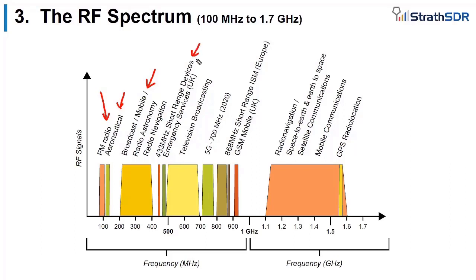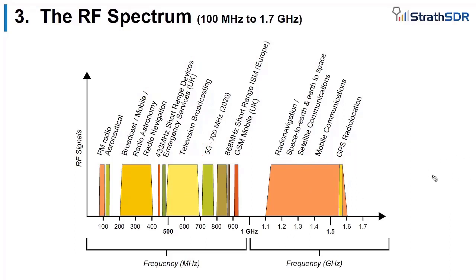At 433, we've got our garage openers and some of our short-range devices. Then we've got the television band between about 400 and 700. And then here's a 5G band at 700 in the UK and some other countries, and so on. And as we go higher, we have radio navigation, space to earth, SATCOMs, more mobile. And then here's GPS above 1.5 gigahertz.